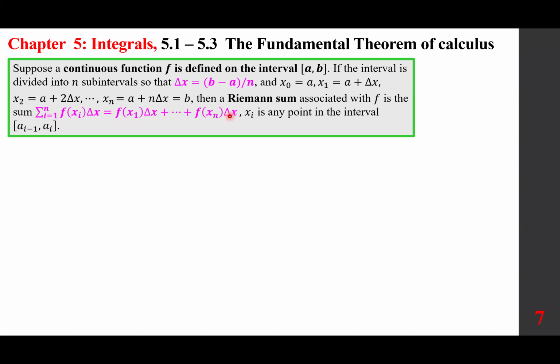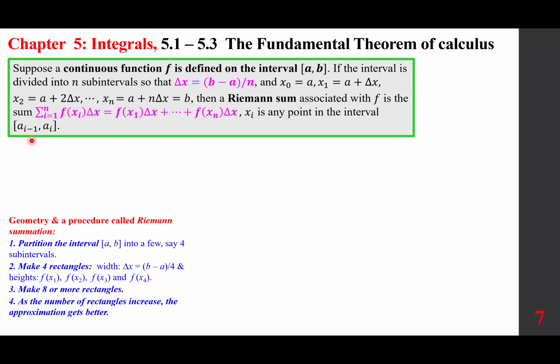Add them up. x sub i is any point in the interval from x sub i minus 1 to x sub i. Any point in between will do the job. Now here's the geometry and procedure. Number one, partition the interval a to b into a few, let's say, 4 subintervals.